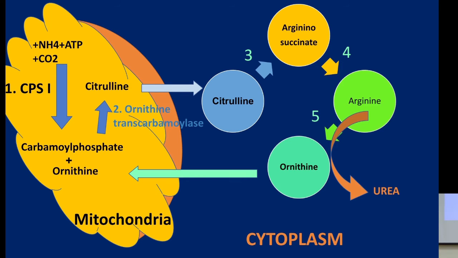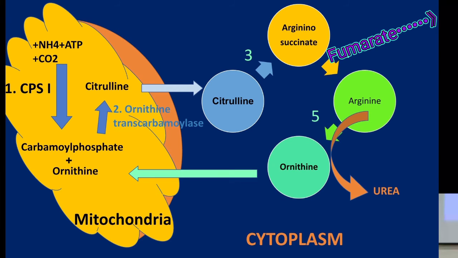Argininosuccinate is broken down. You remove the carbon skeleton from here in the form of fumarate by argininosuccinate lyase. What's left of the molecule is the amino acid arginine. This is all occurring here in the cytosol.